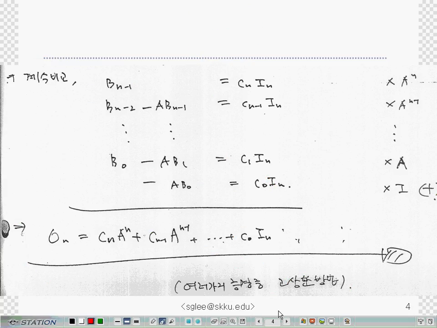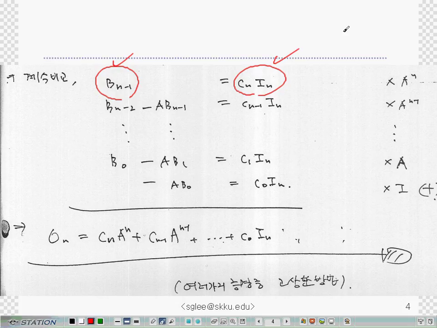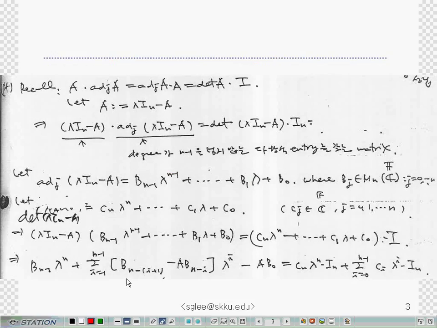So if we rewrite it in this way, this coefficient should be the same as this one. Since this is a matrix, the A^n should go with it. And the very last one is the same as this. But all the terms in the middle are kind of overlapped.